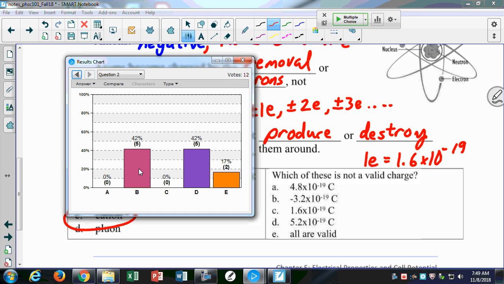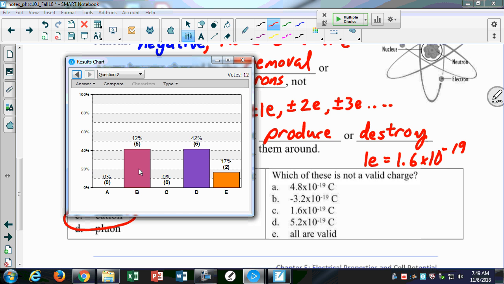This is electrons. So it doesn't mean that it's not a valid charge. This is something that can occur in nature. What you really want to look at is this number. And 3.2 is how many electrons? It's 2 electrons. It's 3.2 divided by 1.6, or 32 divided by 16 is 2. This is 1 proton. What is this?